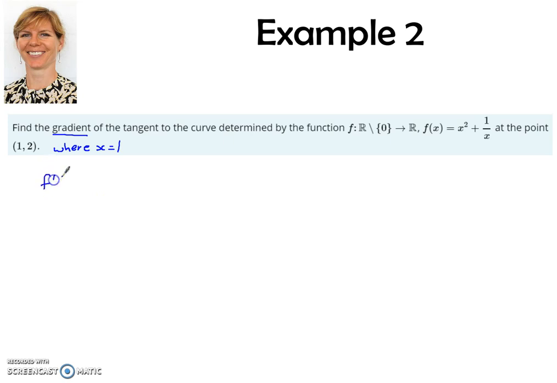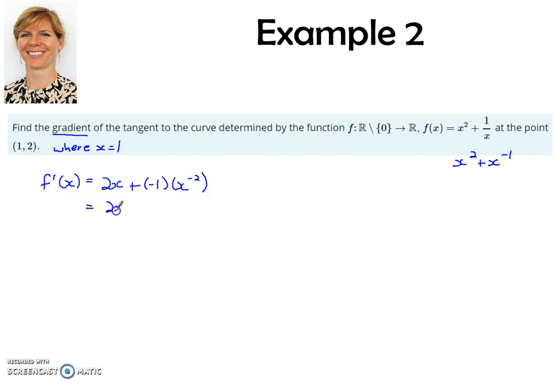Okay, so differentiating first, we've got 2x, and of course this can be rewritten as x squared plus x to the minus 1. Okay, so we've got our derivative there is 2x plus minus 1 times x to the minus 2.